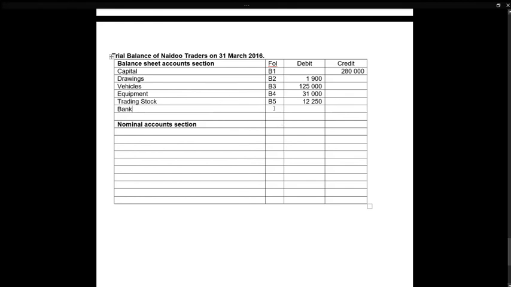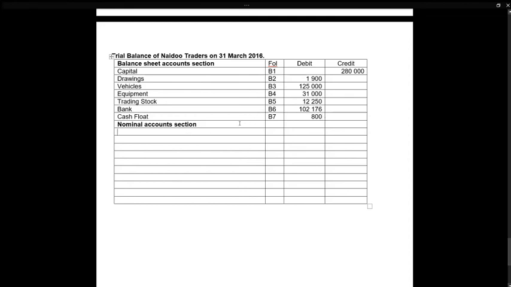We will start 1st of April with 102,000 Rand in the bank account. Then we had cash float as well. Cash float will be B7. Balance sheet section account number 7, and that was 800 Rand.